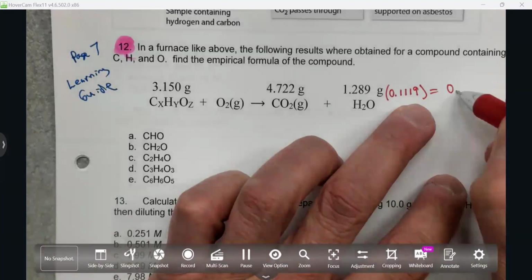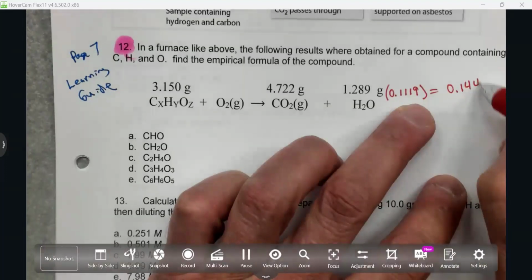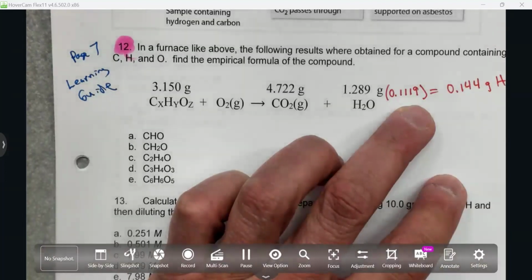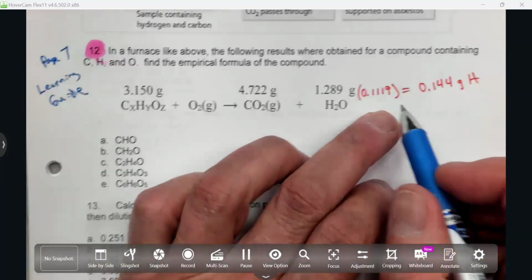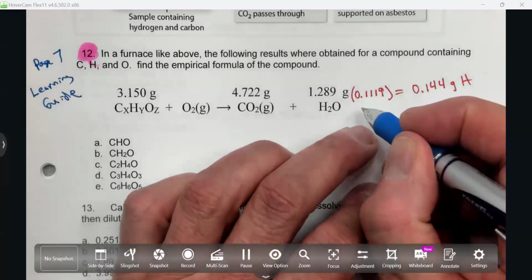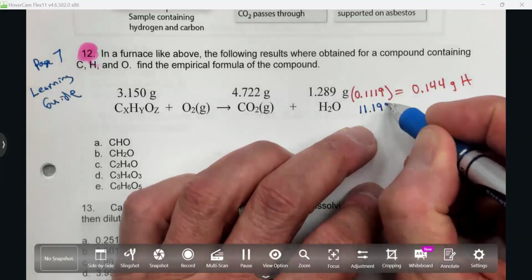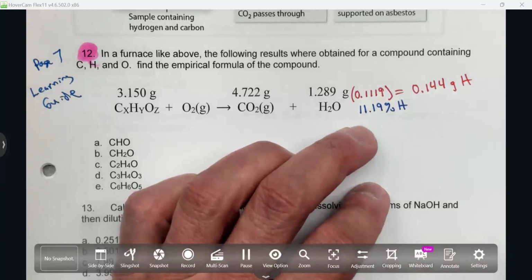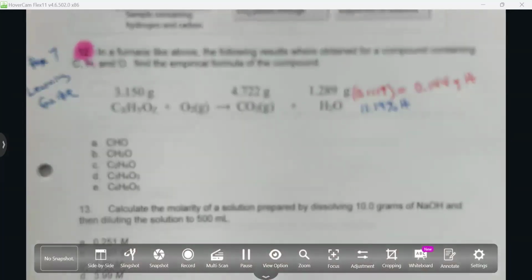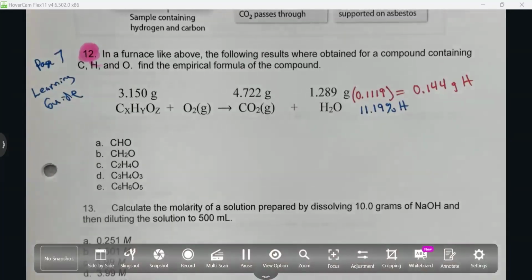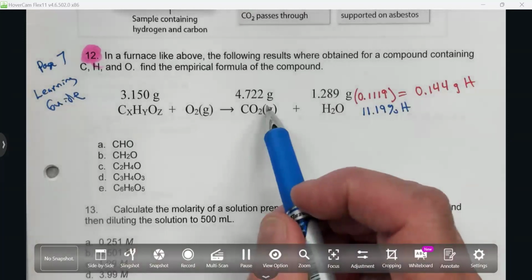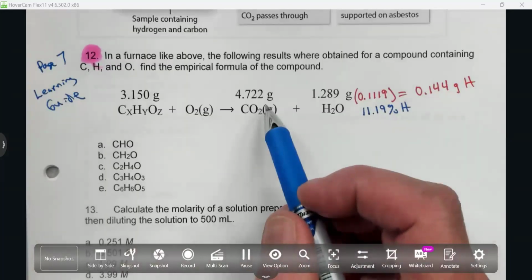So this is 0.1444 grams of hydrogen. This 0.1119 comes from water being 11.19% hydrogen. Then 0.722 grams of carbon dioxide.